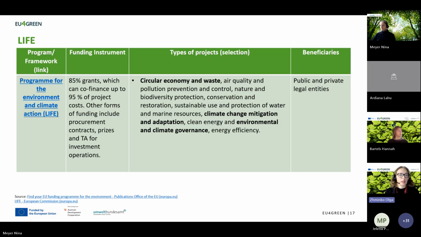The types of projects that can be covered are circular economy and waste, air quality, climate change mitigation and adaptation, clean energy, and environmental and climate governance. Also, public and private legal entities can apply for funds under the LIFE program. The funding instruments entail both grants and costs.